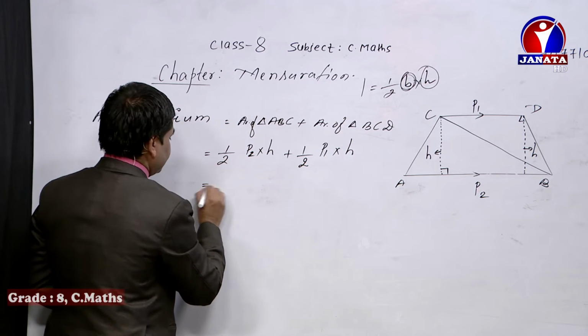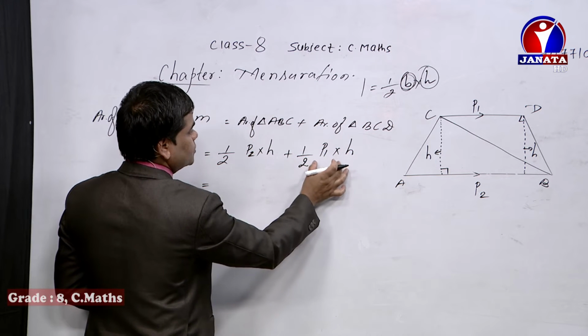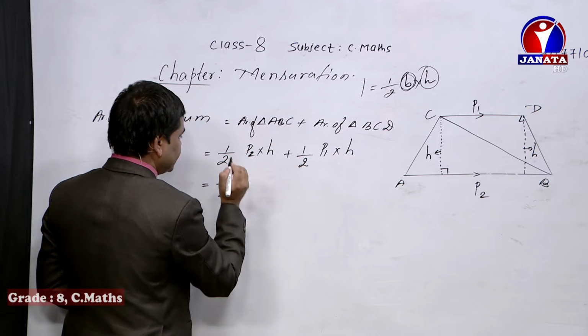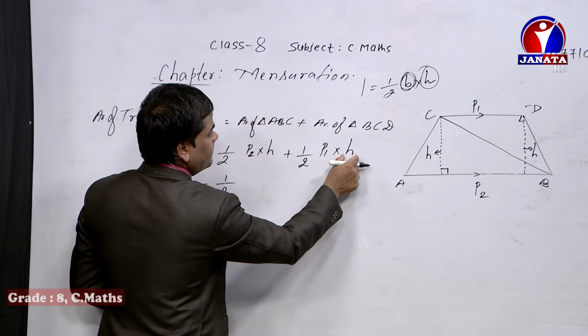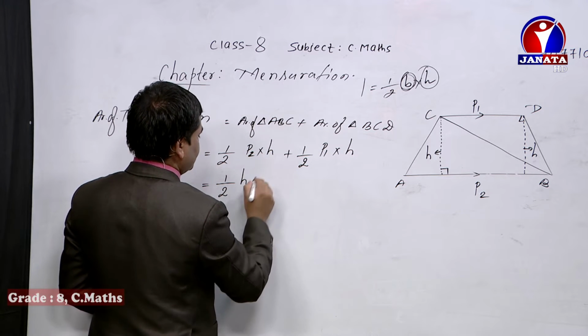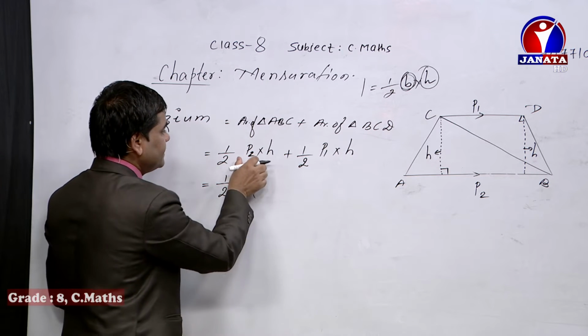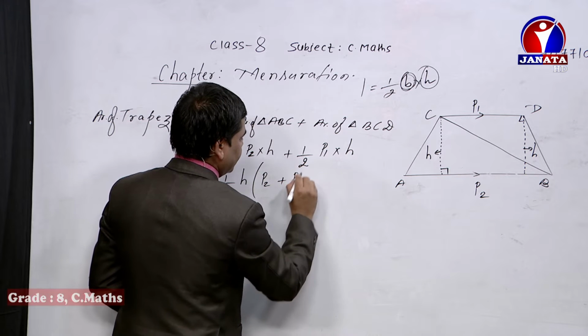Now, let's take the common factor between these two terms. What is common? Of course, 1/2 is common, isn't it? And not only 1/2, there is common h as well. So, h is drawn in front. h is taken as common. Now, what remains in here? P2, and then here remains P1.